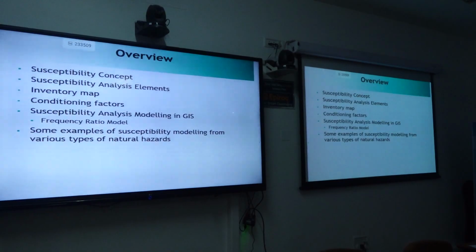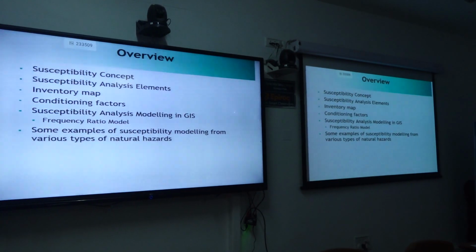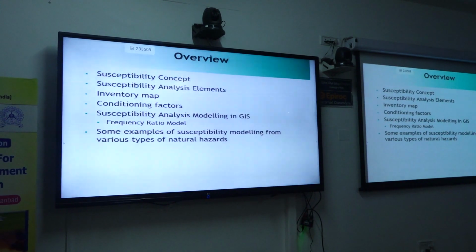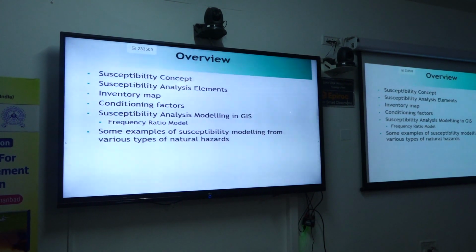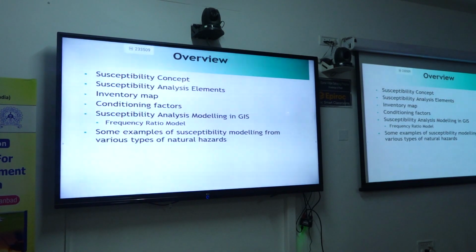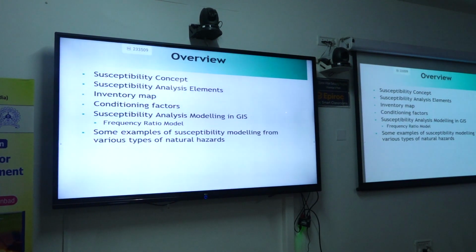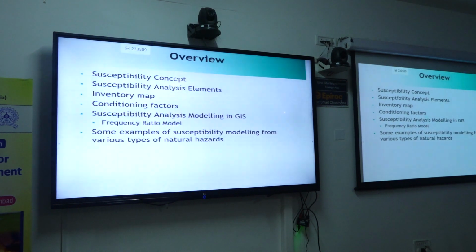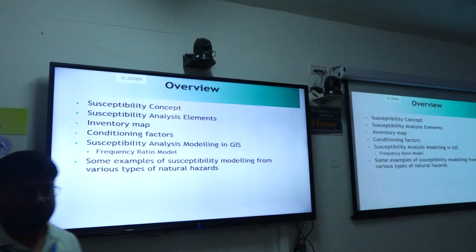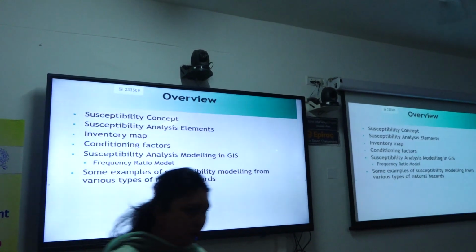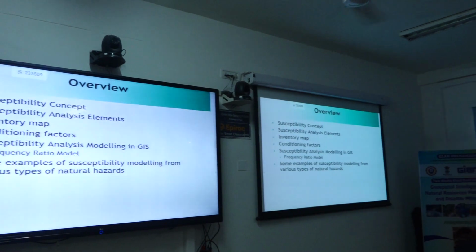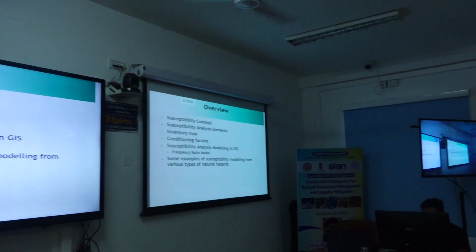Inventory is the dependent variable, and then you have many independent variables. We would like to know the spatial relationship between the dependent variable and all the independent variables. If there exists any statistical or spatial relationship, that is what we are going to use in our model.